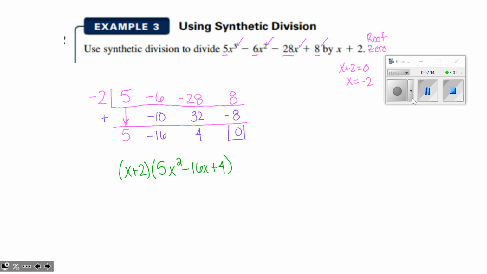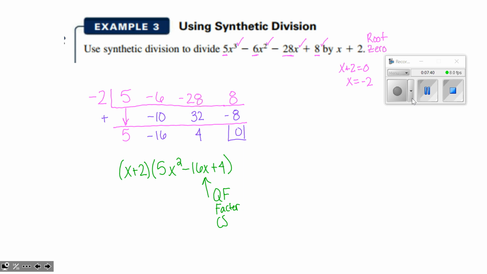And so if I wanted to find the rest of the zeros, I could use the quadratic formula. On that guy, I could try to factor. I could try to complete the square. So we have some options from our last unit as to what to do. I'm not sure that this guy is factor friendly. If it's not factor friendly, I would probably use the quadratic formula to find it.